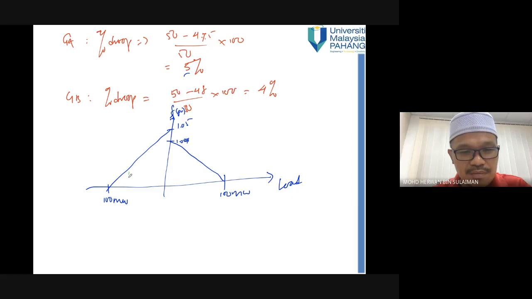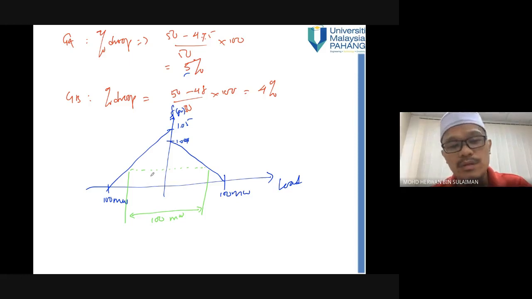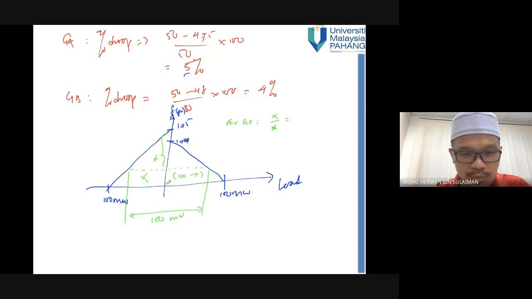So let's say here is our load at a common speed. So here is 100 megawatts. We can say here is our X. So here is 100 minus X. Here is our alpha. So for G1, GA, alpha divided by X equals, this one is 1 per unit at the y-axis, 0 at the x-axis.